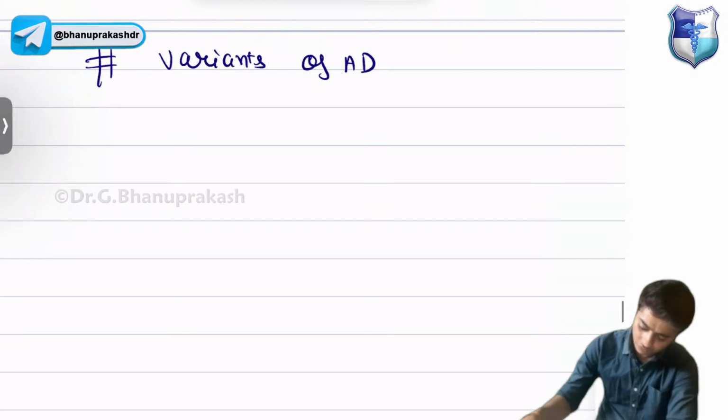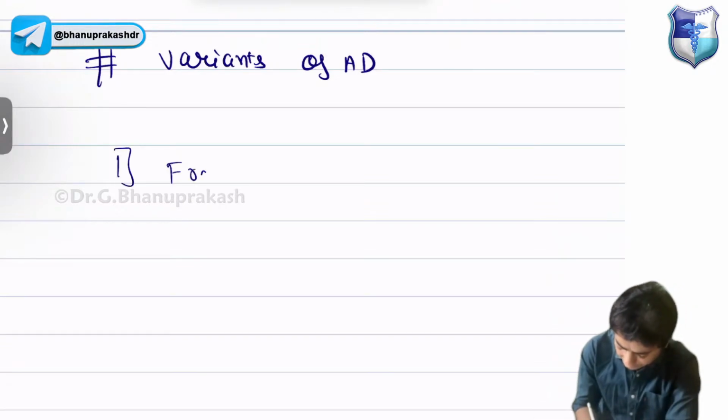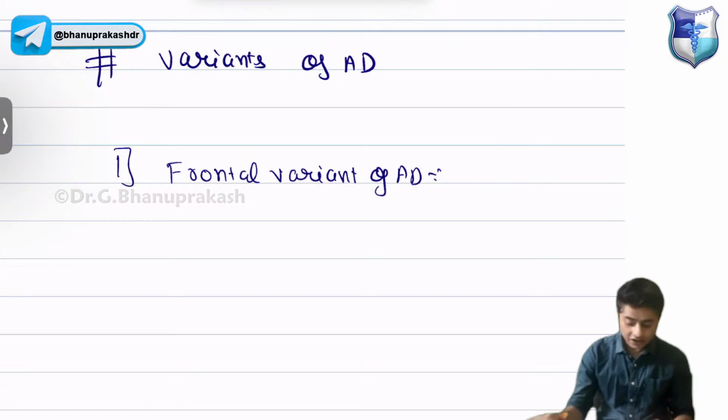Now, the first variant we will be studying is your frontal variant of Alzheimer disease. So, what do you understand by the frontal variant of Alzheimer disease?